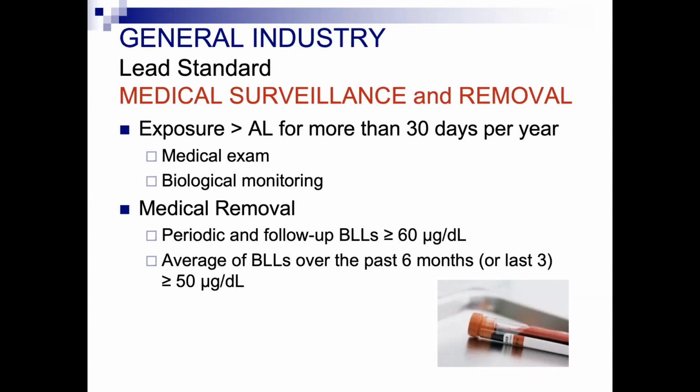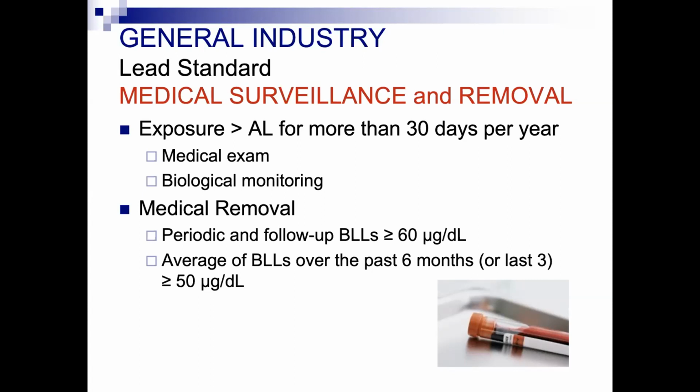Medical removal is where the difference between general industry and construction is the most pronounced. Periodic or follow-up blood lead levels greater than or equal to 60 micrograms. You'll remember way back when we were talking about childhood blood lead levels, and 60 is more than half the fatal dose for a child. And now we want children to not have blood lead levels above 3.5 micrograms.